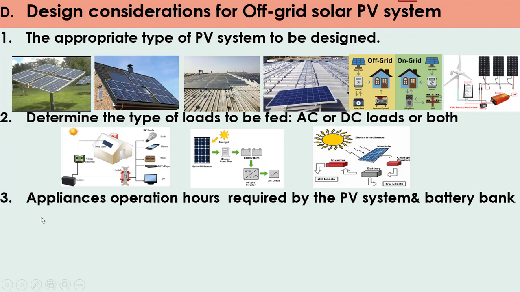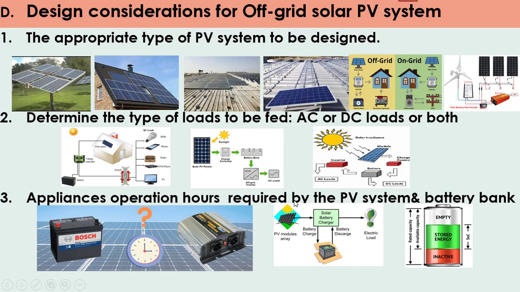Another issue we must take into consideration is the appliances' operation hours, which must be fed from the photovoltaic system and battery bank. As we know, energy coming from the solar is stored in the battery bank in order to be used when the sun is absent during the night.